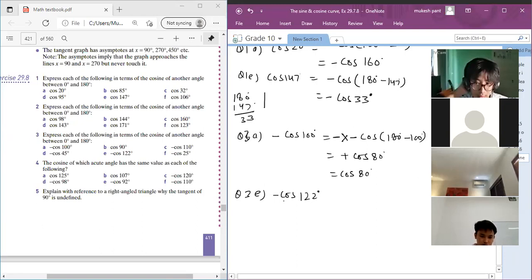How much are you getting for minus cos 122? Wait, I'm calculating it right now.